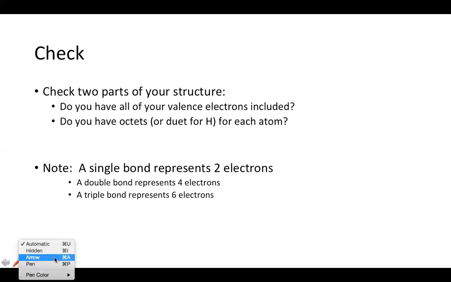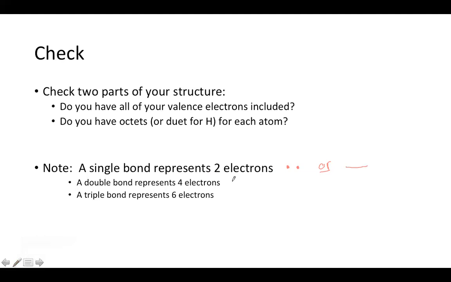So as a note, before we begin doing examples, a single bond is going to represent 2 electrons, and single bonds you can draw with 2 dots, so electrons in these cases are going to be dots, or you can do a line. So a line represents 2 electrons or a bond. Okay.